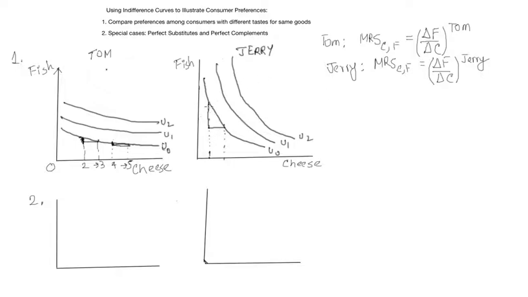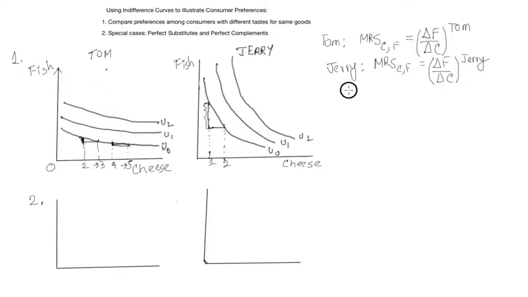Jerry, on the other hand, is willing to give up a lot of fish for 1 unit of cheese. If you increase his cheese consumption from 1 to 2, he is willing to give up a lot of fish, and Tom is not willing to give up much fish at all.